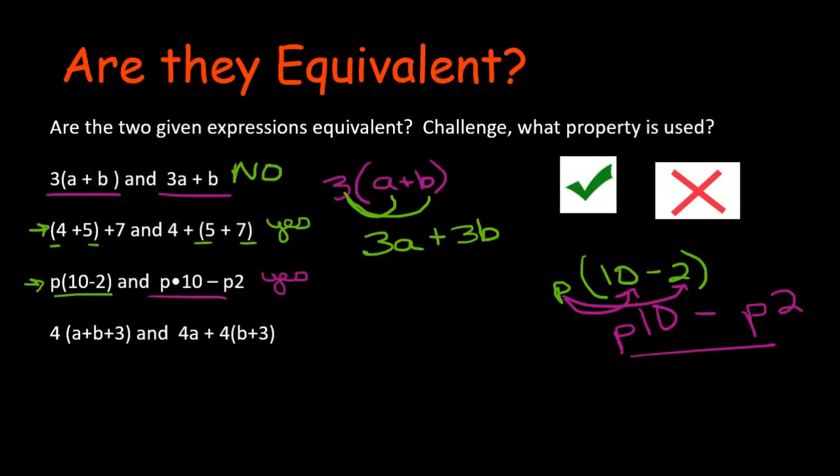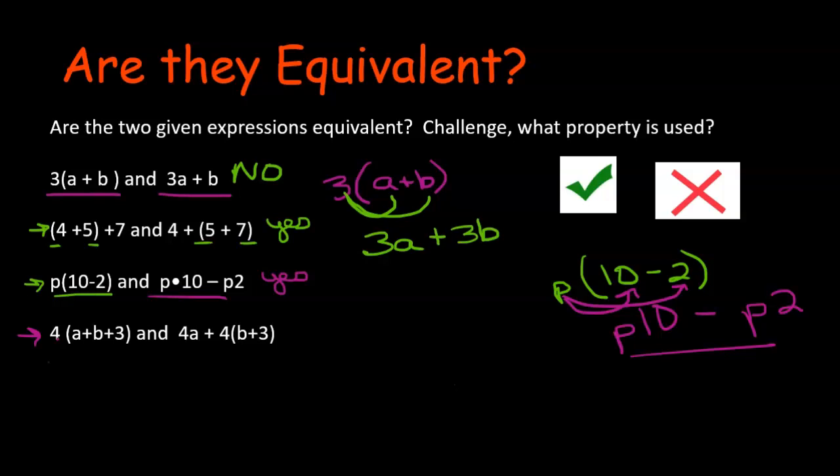All right, let's look at this last one. This is a crazy one. 4 times the quantity A plus B plus 3 and 4A plus 4 times B times the quantity B plus C. So, well, let's see.